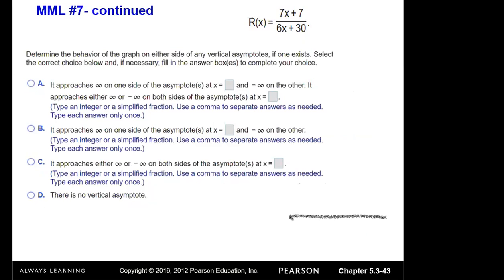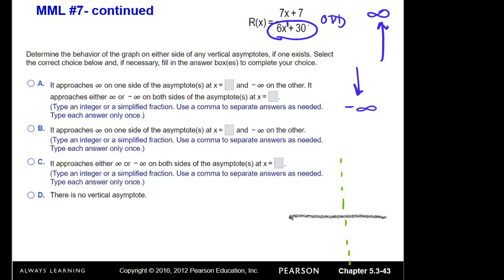Remember here's your vertical asymptote, there's only one, and my 6x plus 30, which is what I used, that's a first degree, which is odd, which means its behavior is up on one side, down on the other. So one side's going towards positive and the other's going towards negative infinity, all right?